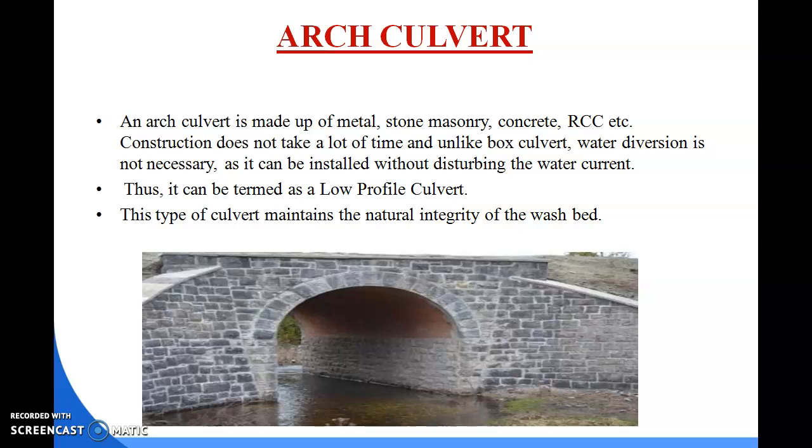Basically the structure of this arch culvert is arch shaped, and it is made of metal, stone masonry, and concrete or reinforced cement concrete. It does not take a lot of time like a box culvert, and water diversion is not necessary because the height of this culvert is very high.